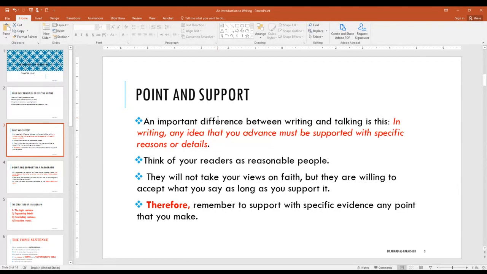Do you have a quote? Do you have an opinion of a specialist, for example? Mr. Doctor or Professor X, a specialist in family relations, stated such and such.